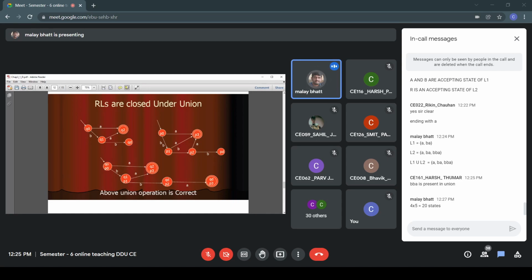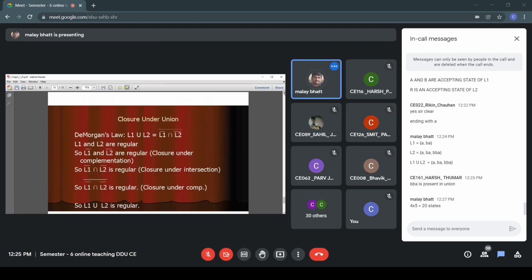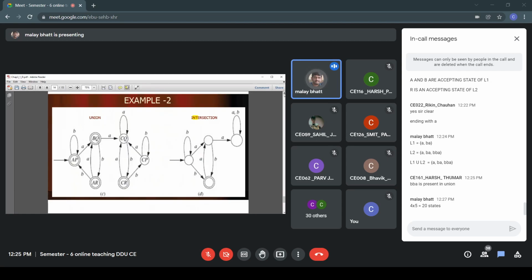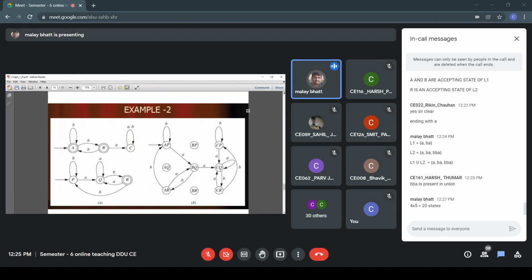Okay, so now when we consider the third important operation, that is known as the complement operation. Let us consider the complement operation on the regular languages. When we consider the complement operation on the regular languages, it is very straightforward.